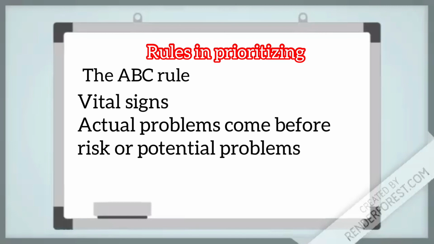So no matter how small the problem is, always make sure that you deal with actual problems before you proceed to deal with risk problems. So always make sure that you have your actual problems coming before the risk problems. All right.